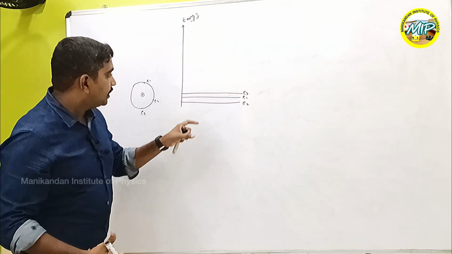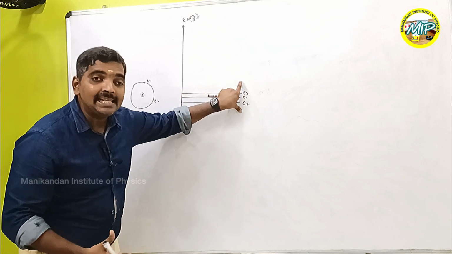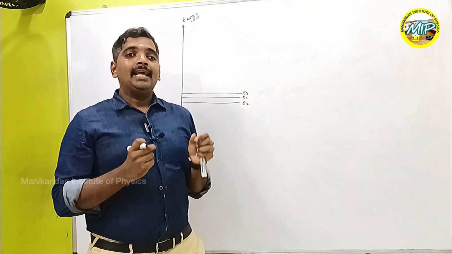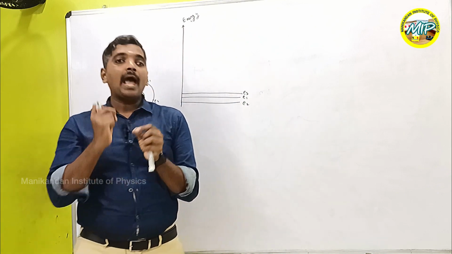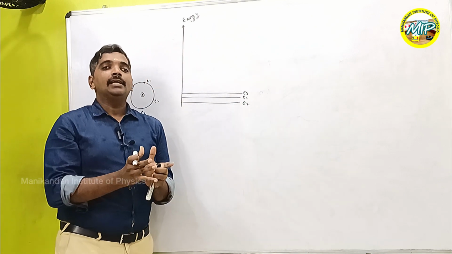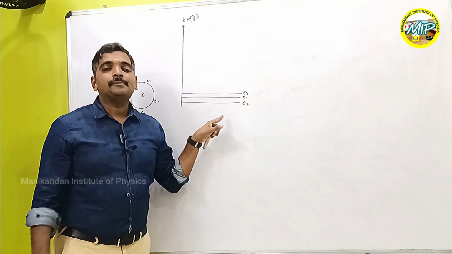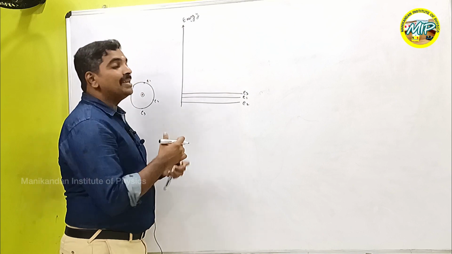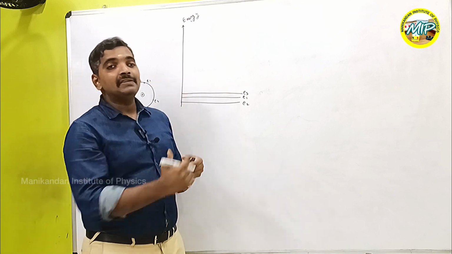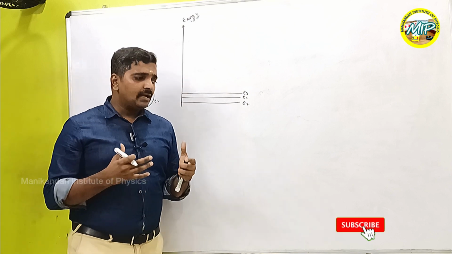So this is the set of energy levels possessed by the electrons in the valence band. The set of energy levels possessed by the valence electrons is called the valence band. A band is a set of energy levels, like your frequency.